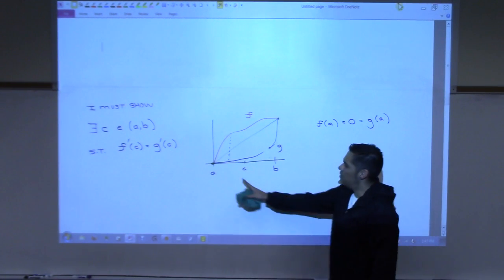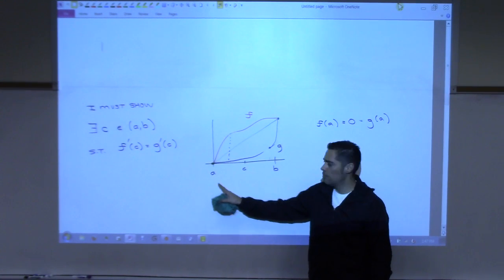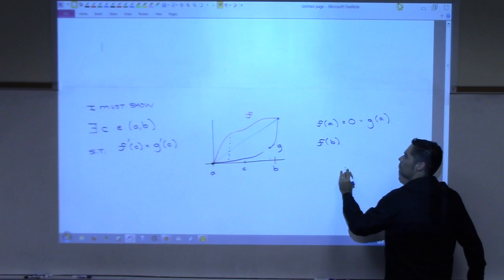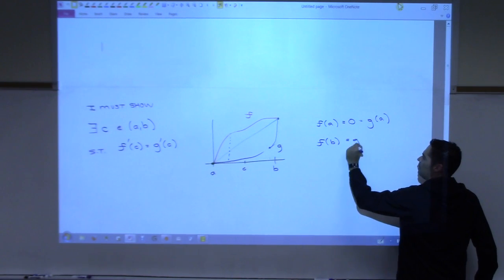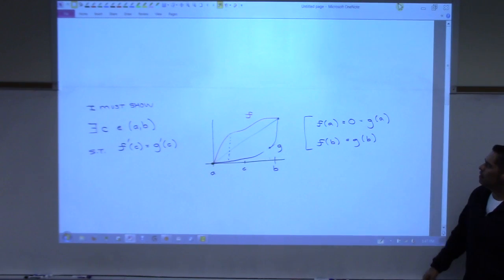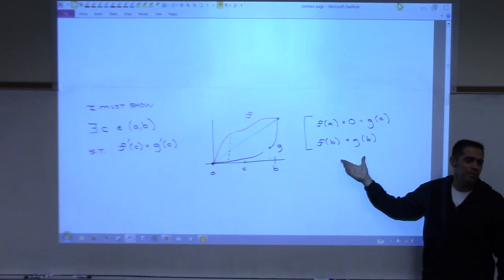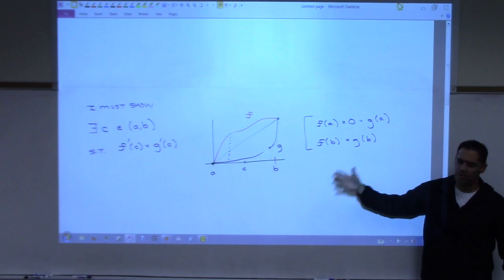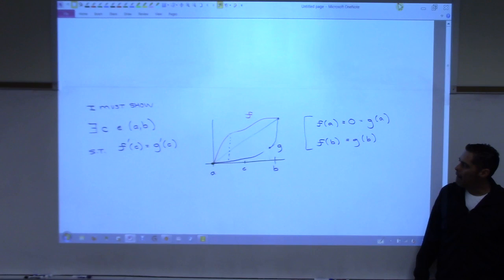F of A and g of A are the same, right? And what about f of B? It's equal to g of B, right? I'm just writing this down just so we're clear on it. The values of the two functions at the two endpoints are the same. That's because they start at the same point in time and they tie, don't they? That's what this says.